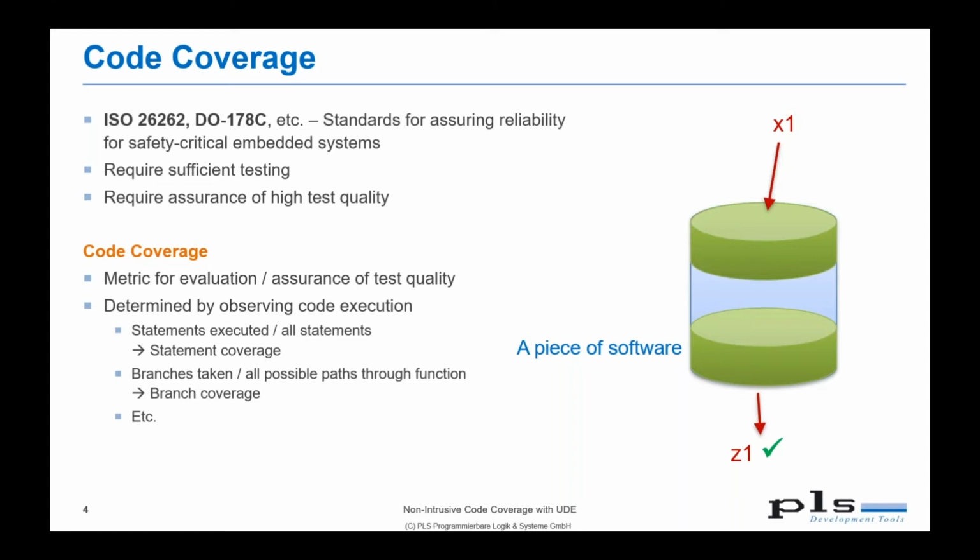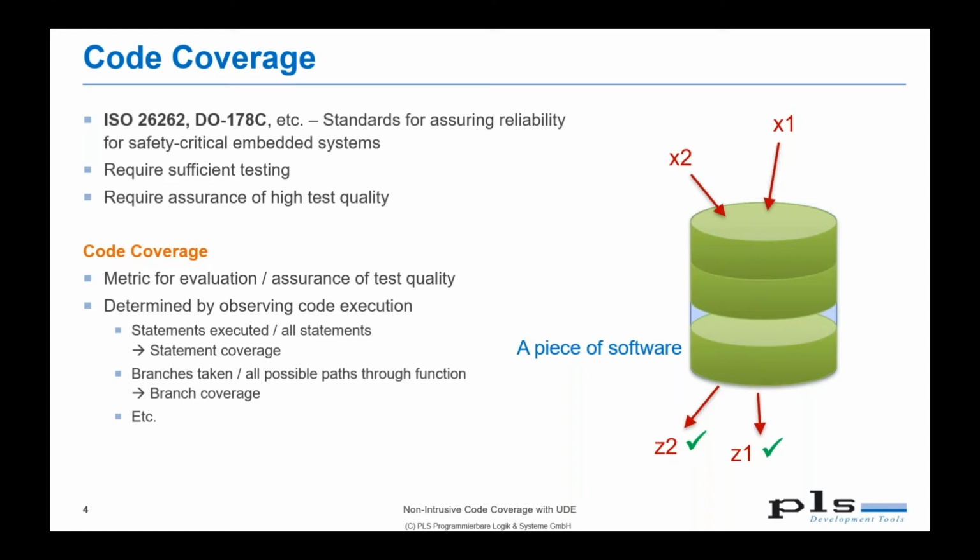Then you need another test case, x2, for example. This leads into a result set2, which can be checked if it's okay. And you see we have another piece of code which is now executed, triggered by this test case x2.